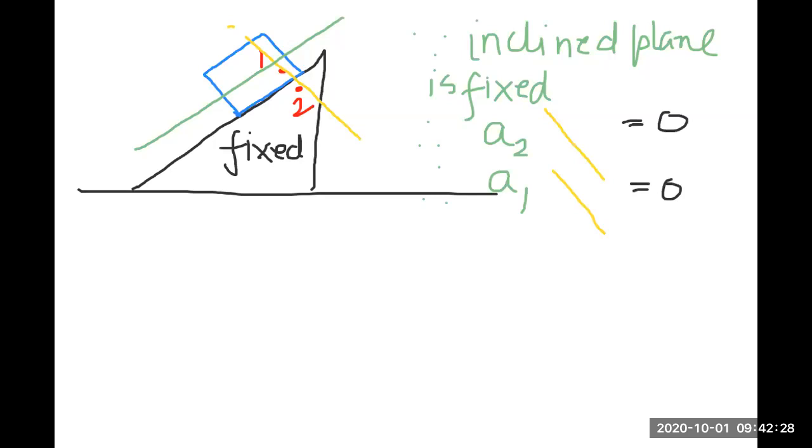And therefore, acceleration of point 2 along the yellow line is 0 because it is fixed, and therefore the acceleration of point 1 or the block along the yellow line must also be 0. Therefore, point 1 or the block can only have an acceleration perpendicular to the yellow line. That means that it can only have an acceleration along the surface of the inclined plane. Okay?